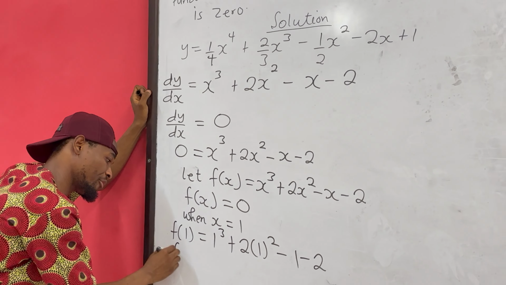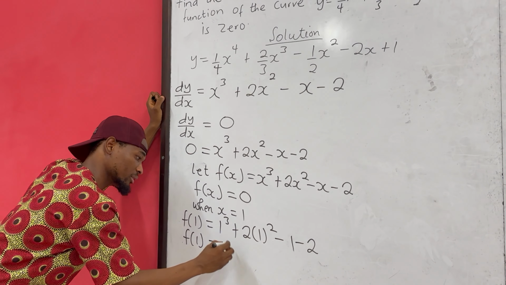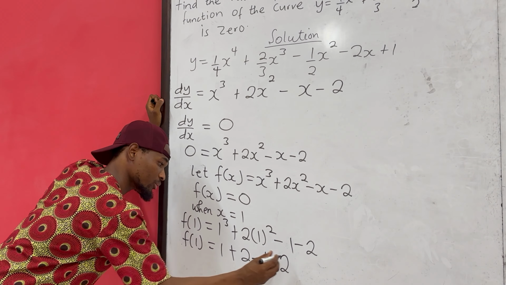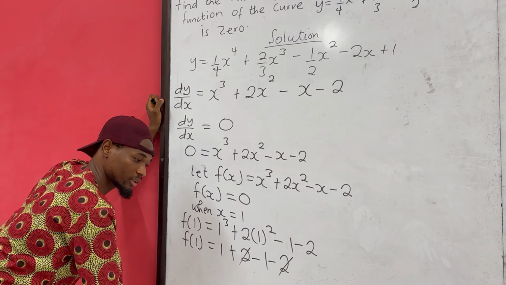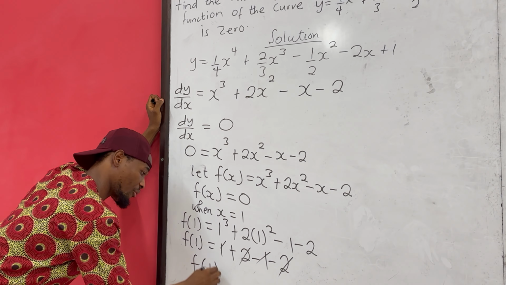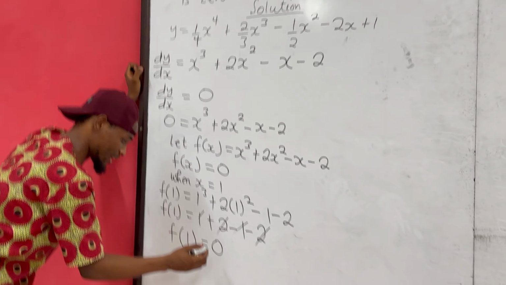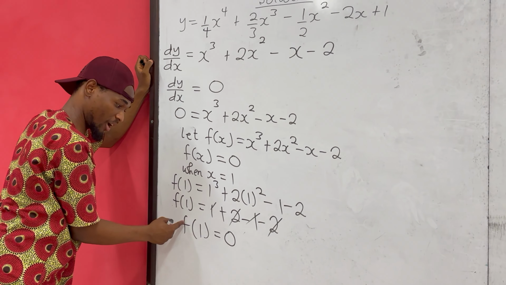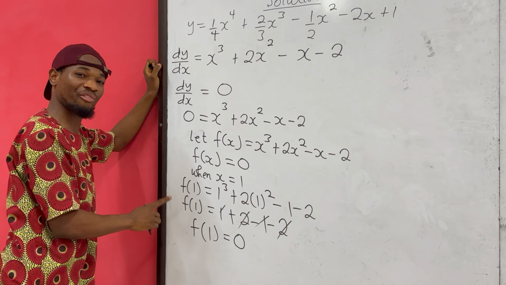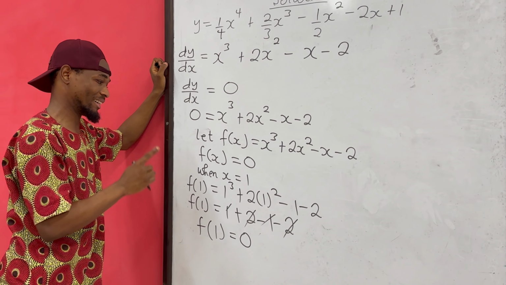So I have f of 1 equals 1 plus 2 minus 1 minus 2. Negative 2 cancels positive 2. So I have f of 1 is equal to 0. Because f of 1 is given as 0, then you can say that it is a factor.